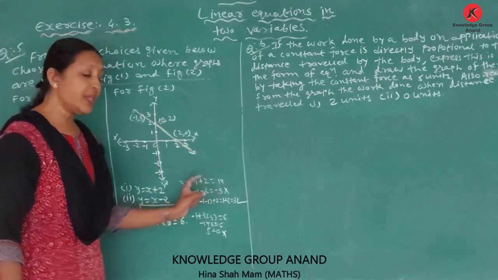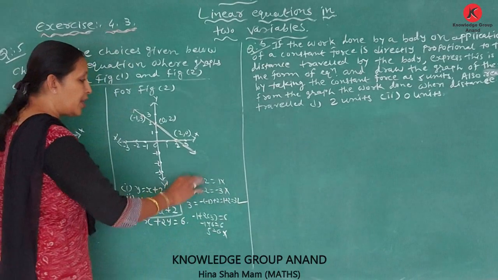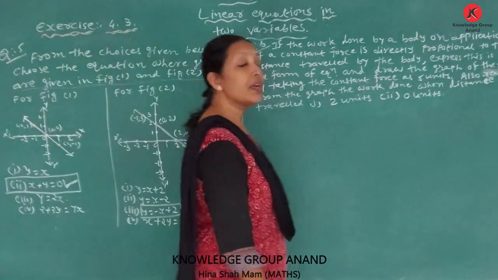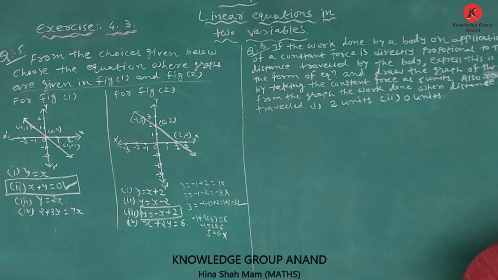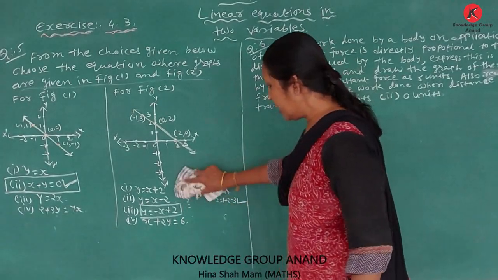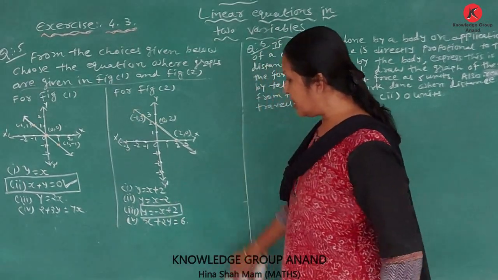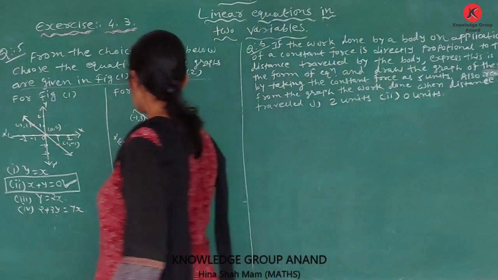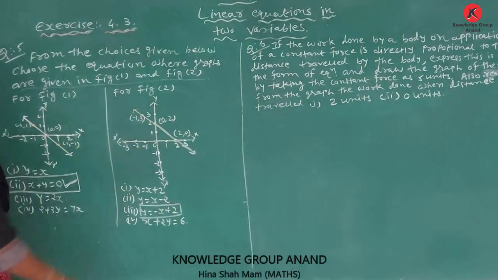Do this work in your rough work, not in your file work, not on your last page or rough work. Then decide which is our equation. Here, the equation y is equal to x plus 2 is for this graph.